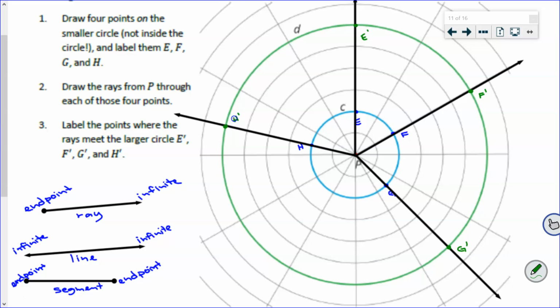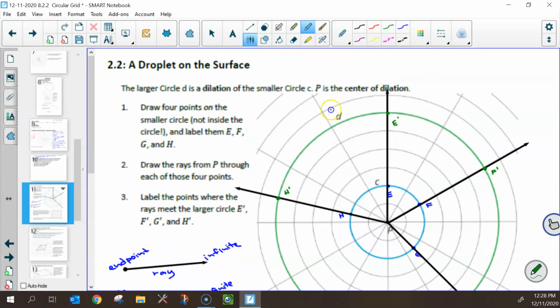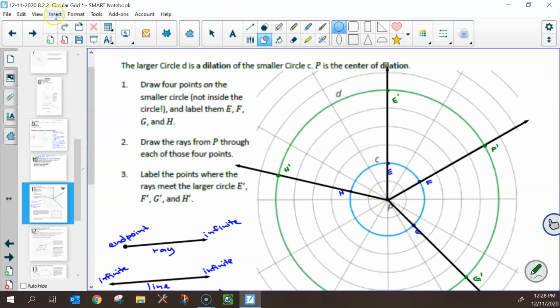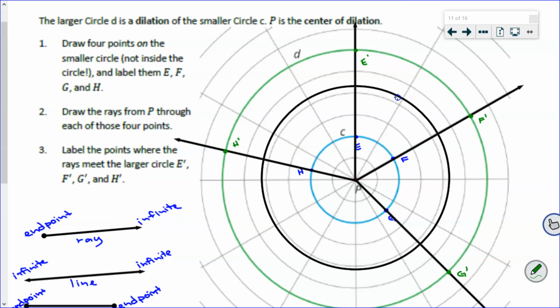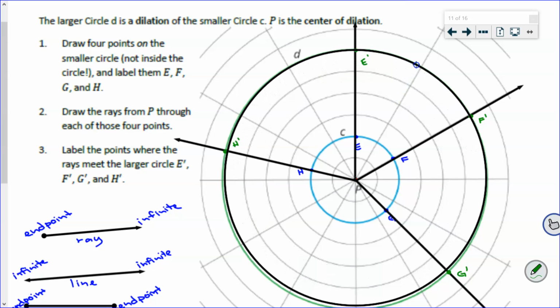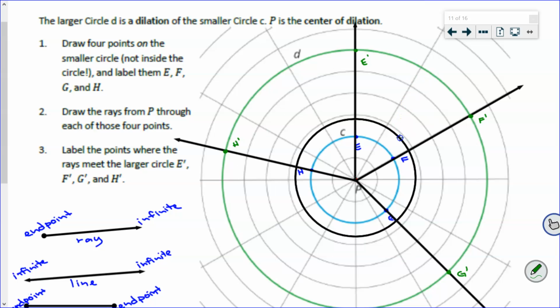So what is the purpose of this activity? What are we expected to learn from this? Remember, it started by telling us that this larger circle is a dilation of the smaller circle. What that really means is I can take a circle, there it is, now it's circle C, and I'm going to continue to dilate it until it becomes circle D. But I want you to think about what happens with each of those points.